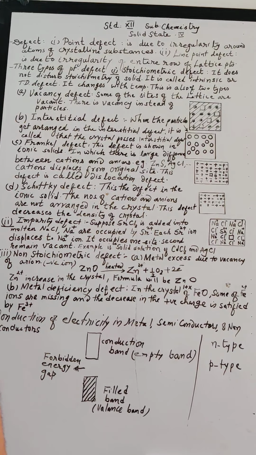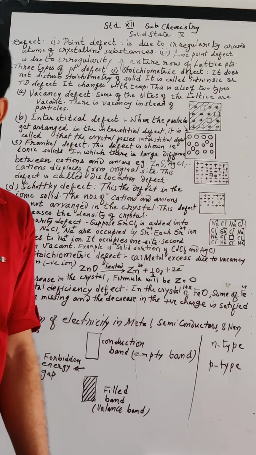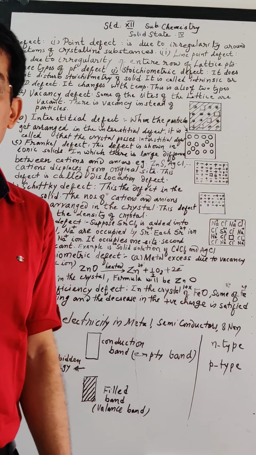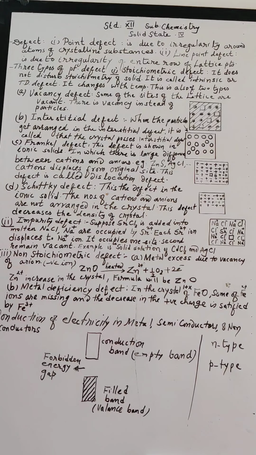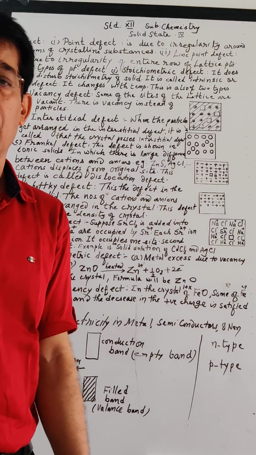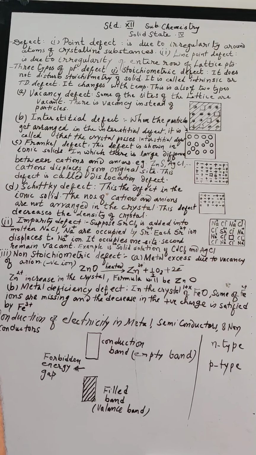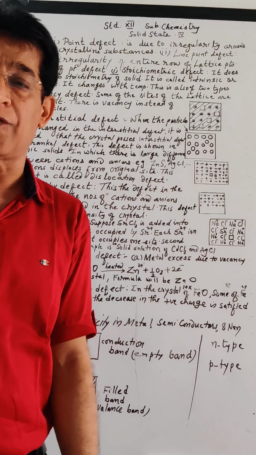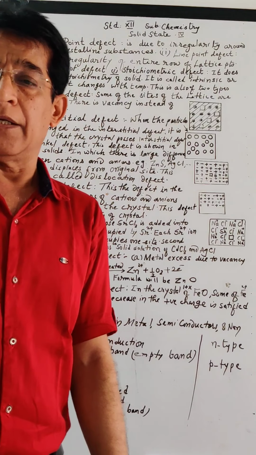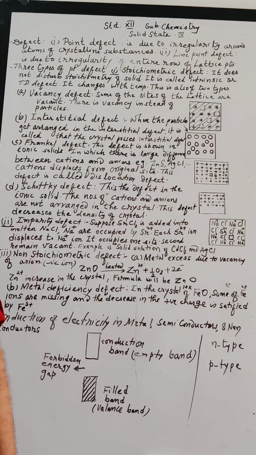D, Schottky defect. This is the defect in the ionic solid. The numbers of cations and anions missing from the crystal are equal. This defect decreases the density of the crystal. There are 10^6 Schottky defects in 1 mole of NaCl crystal.